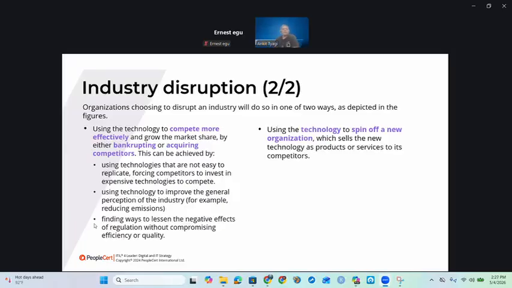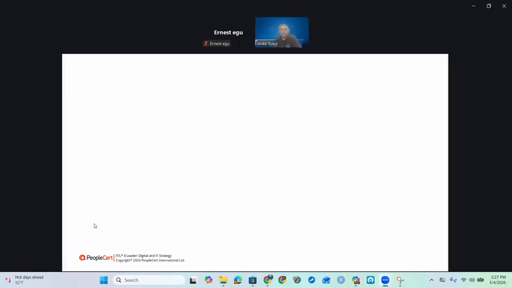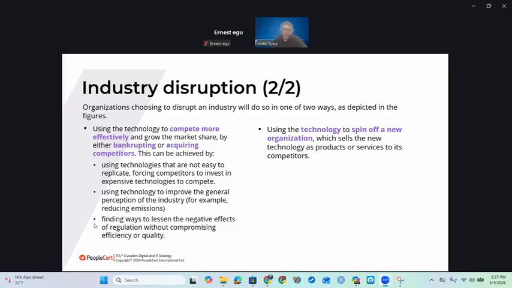Industry disruption, furthermore, this organization choosing to disrupt an industry will do so in one of two ways, as defined here. Using the technology to compete more effectively and grow the market share by either bankrupting or acquiring the competitors. Right.